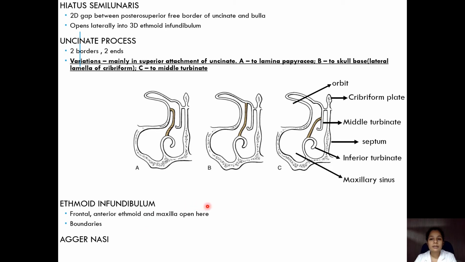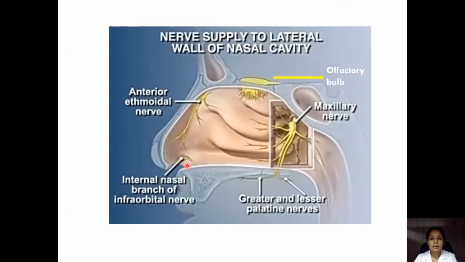Boundaries of the ethmoidal infundibulum are posteriorly the anterior face of the bulla, anteriorly the lacrimal bone, and superiorly the frontal recess. Now agger nasi, as we studied before, is the anterior most pneumatization of the anterior ethmoidal cell, and it lies as a bulge over the atrium.